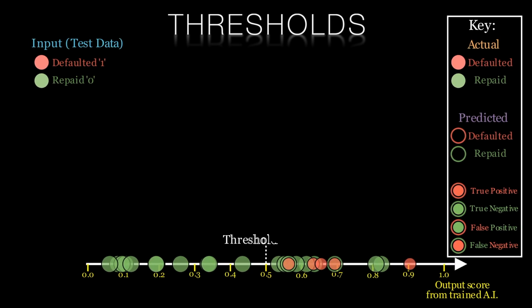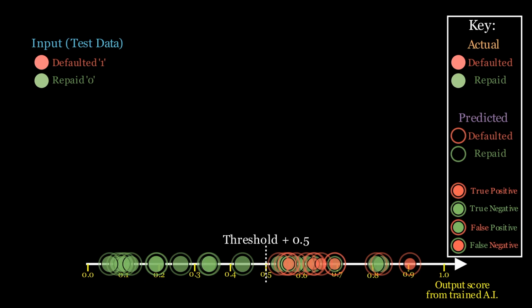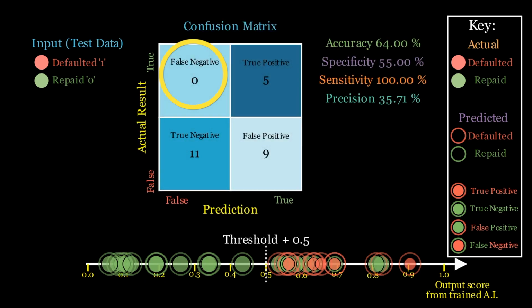If we set our threshold to 0.5, then every score below 0.5 will be predicted to repay, and we'll circle these in green. And every score above 0.5 will be predicted to default, circled in red. This will result in the following confusion matrix. We have no false negatives at all, and we correctly find all the defaulters, our true positives.